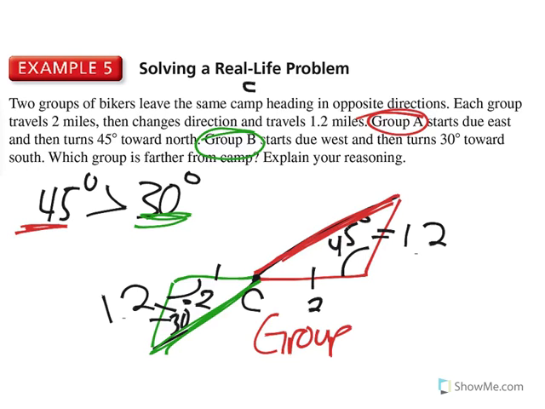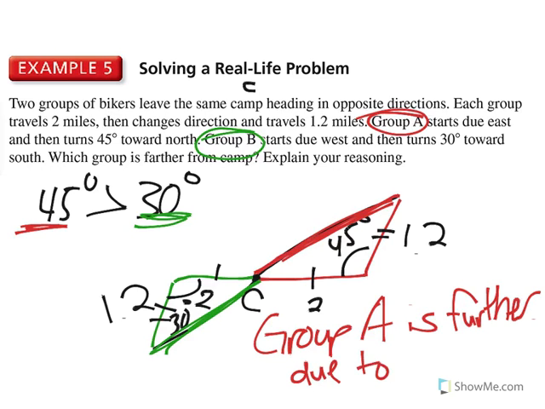Okay, so my reasoning in this is going to be that group A is further due to Hinge theorem. Okay, that's one of the theorems that tells me this. If you did not remember the Hinge theorem, then you would need to explain that because the angle was greater, that means that that length is going to be greater.